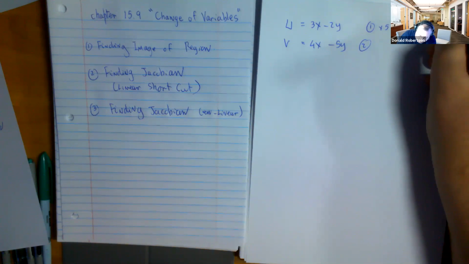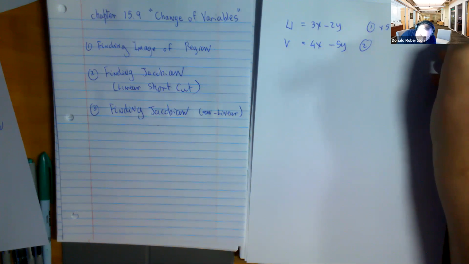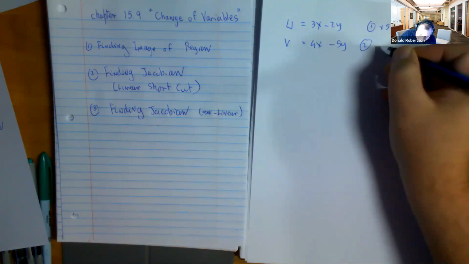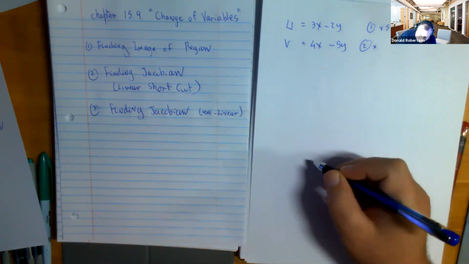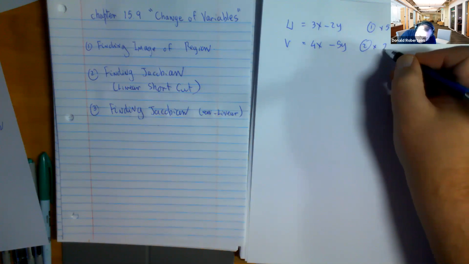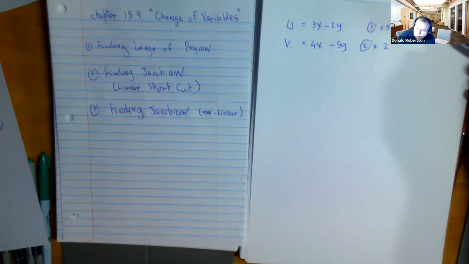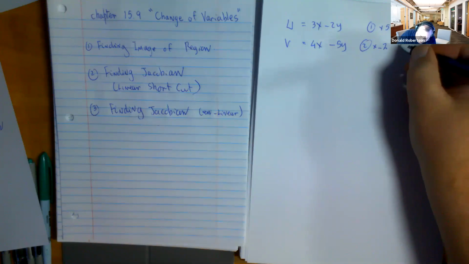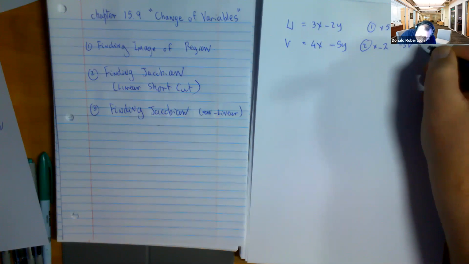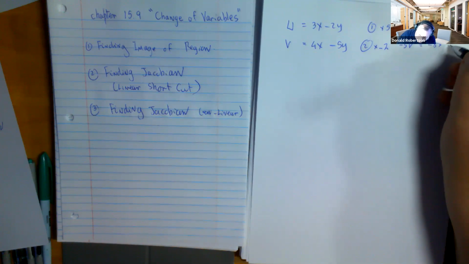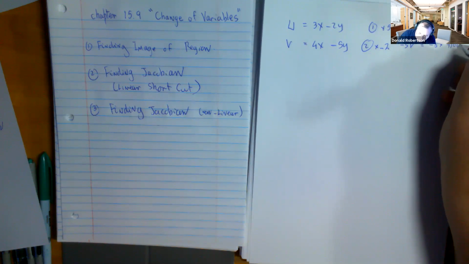That's going to get me 5u equals 15x, take away 10y. And I'm going to take equation 2, and I'm not just going to multiply it by 2, because if I did that one, I just get negative 10y. I'm going to multiply it by negative 2. So that gets me negative 5v, negative 8x, plus 10y.